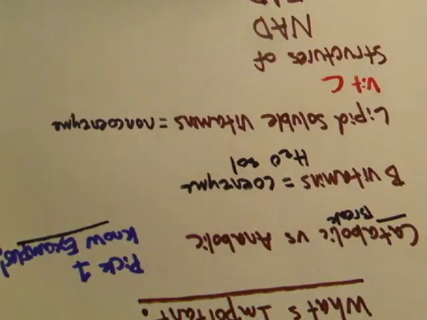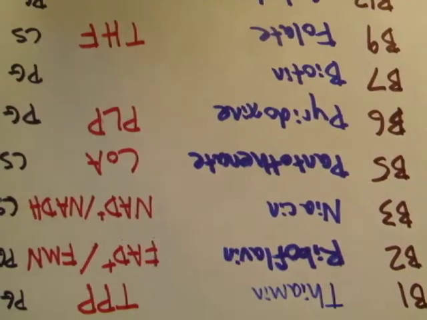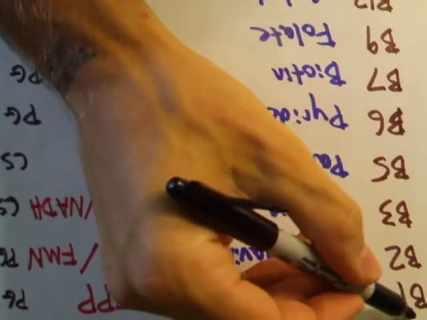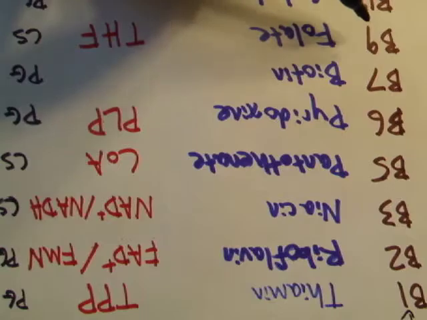So we're gonna skip around for a second here. Let's look at the B vitamin chart. So this column is totally optional, this B1, 2, 3, 5, 6, 7, 9, 12.